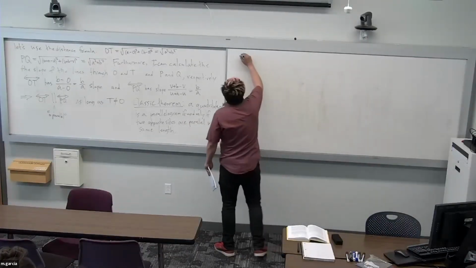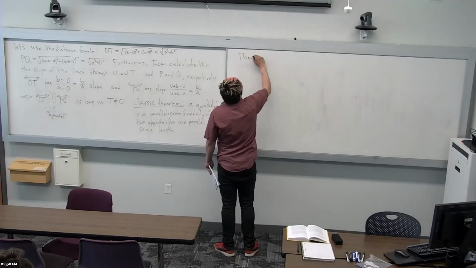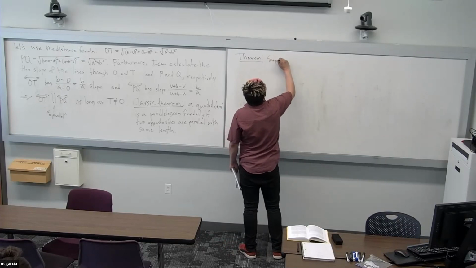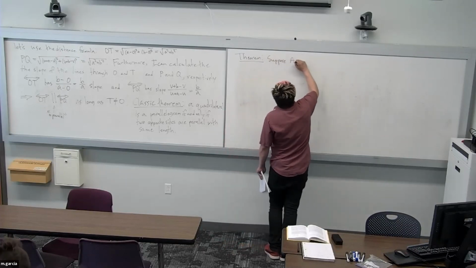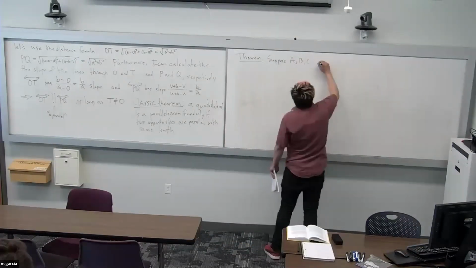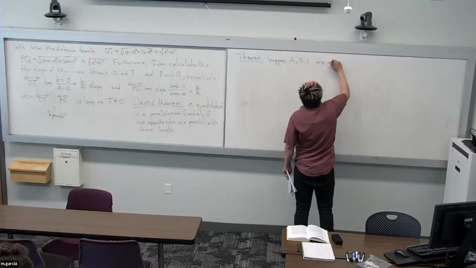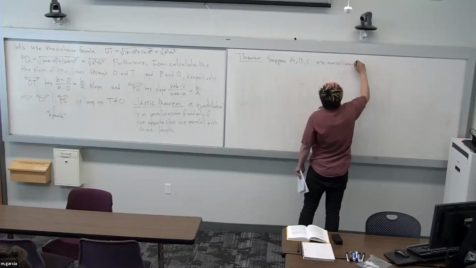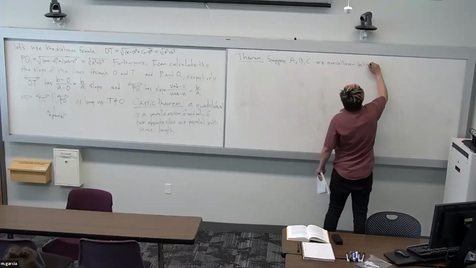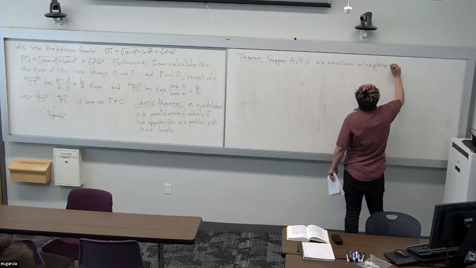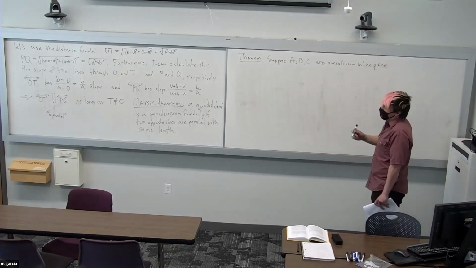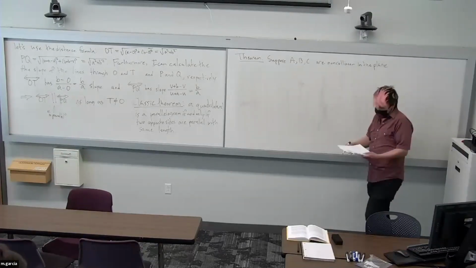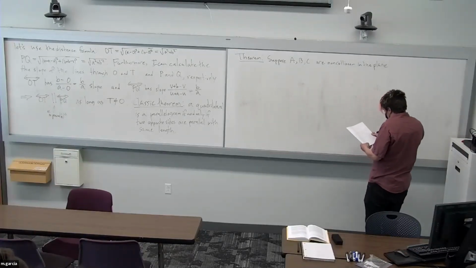Here's our theorem. Suppose A, B, and C are non-collinear in the plane, right? Non-collinear, of course, meaning that they all three don't lie on the same line. Okay?